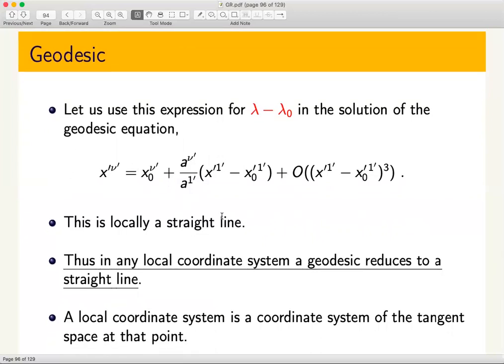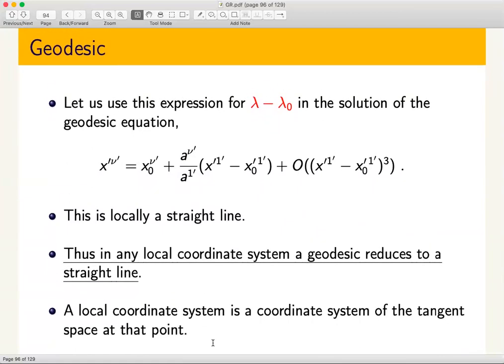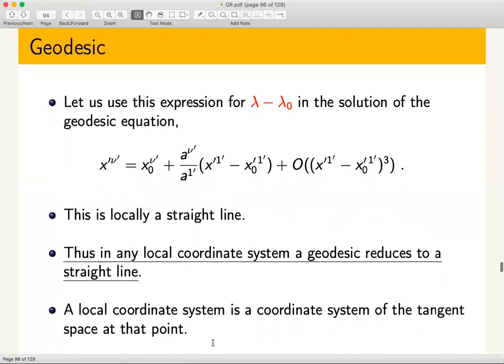So you pick a particular point, you just look at the tangent space. That is the choice of local coordinate system. Within that local coordinate system, of course, you have an additional choice where you can rotate the coordinate system with respect to the original coordinate system, which corresponds to a freedom of choosing the direction of the axes.